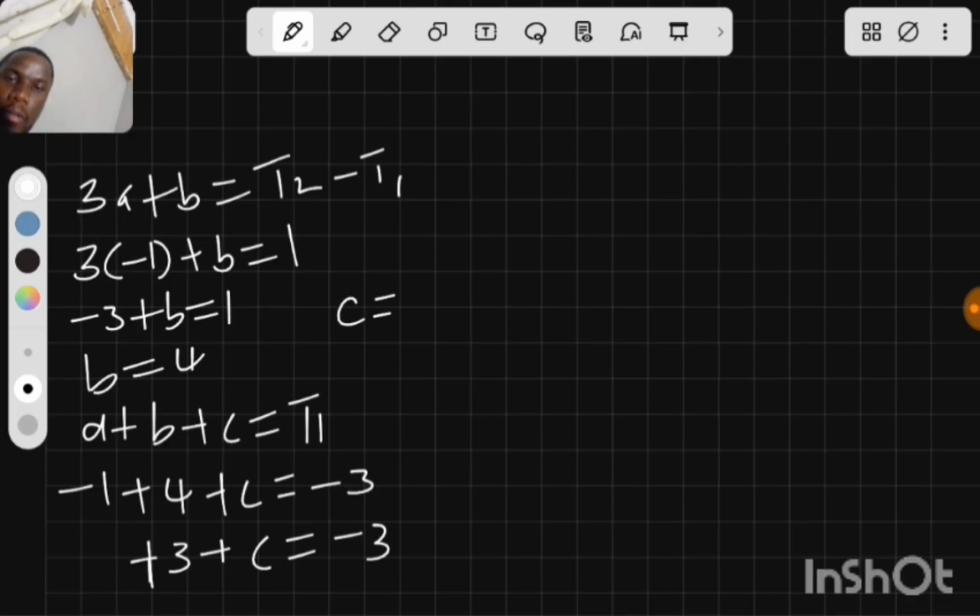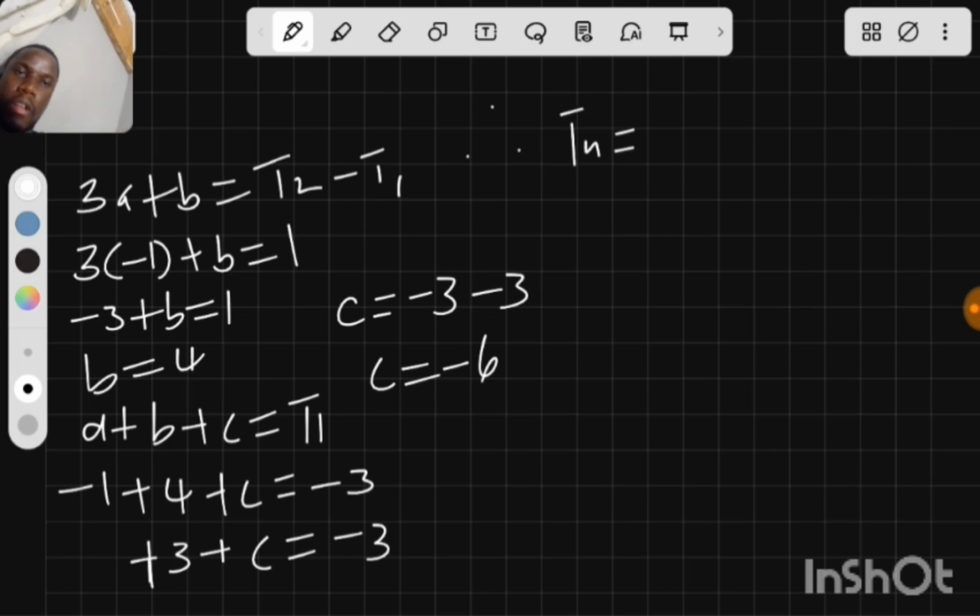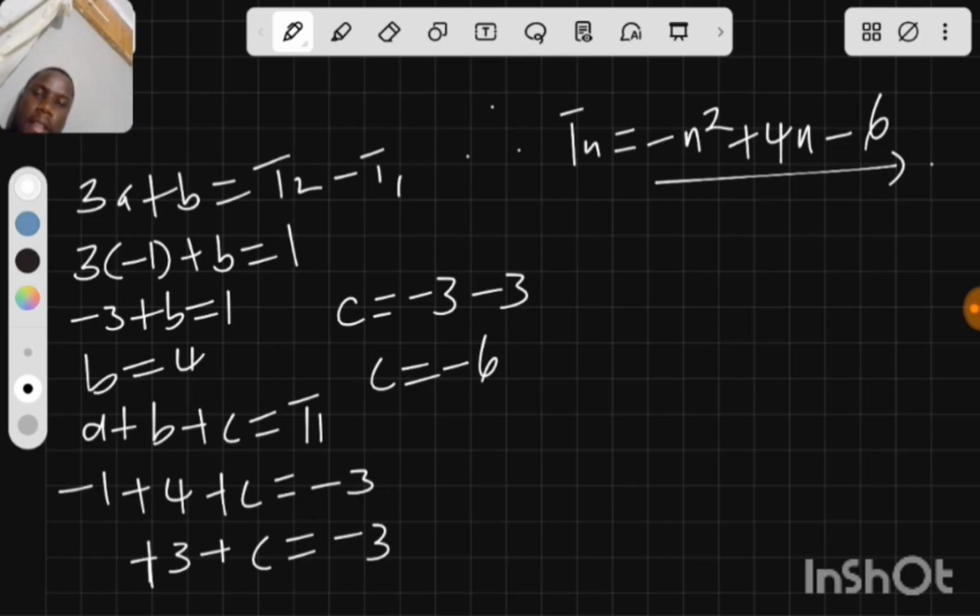Then c will be equal to minus 3 minus 3, which is minus 6. Therefore our Tn is equal to minus n squared plus 4n minus 6. I hope you understand.